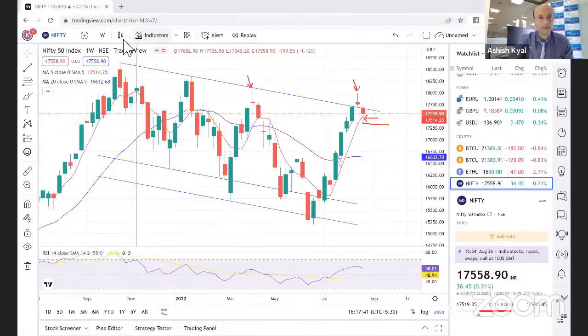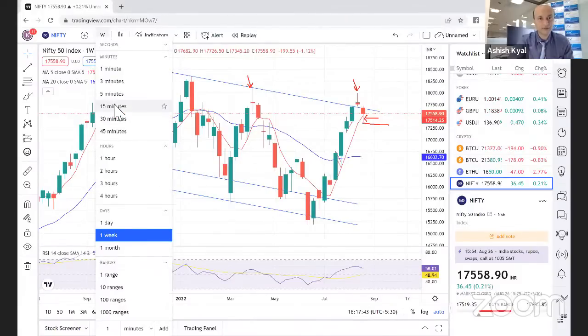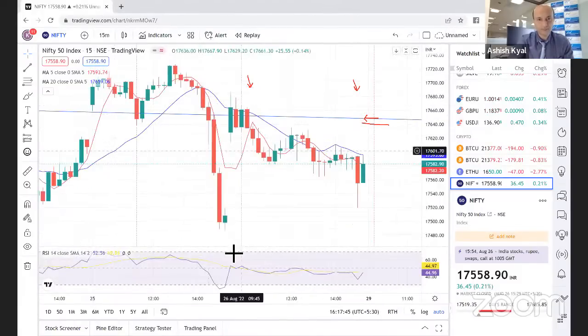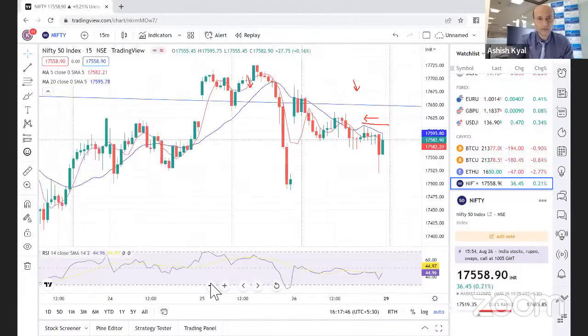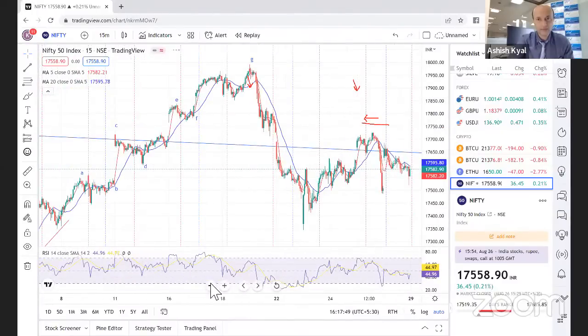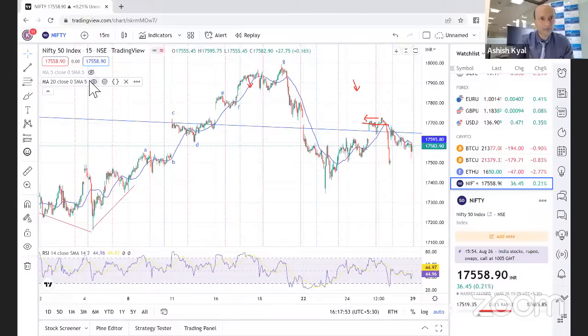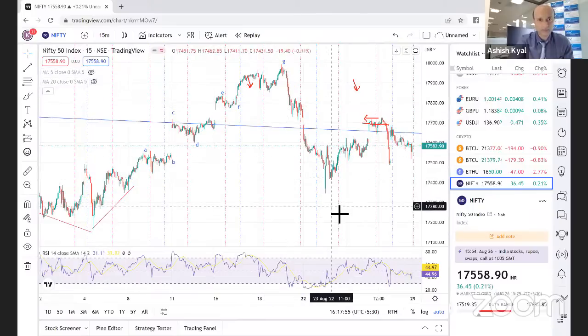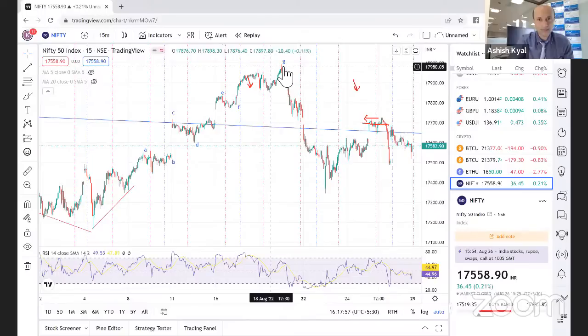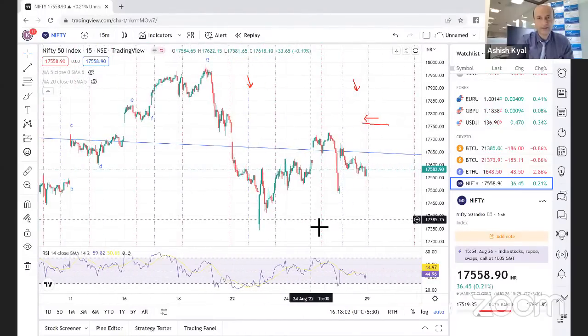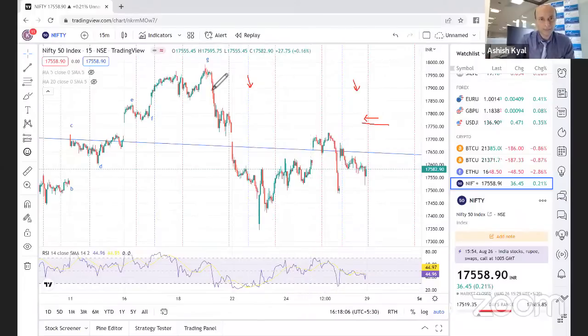From a wave perspective, we will go to a 15-minute chart just to check what the overall count is again in this fall. Let me hide the moving averages now. So an upward leg completed here. Post that, if you see this trend, we are simply not going in any direction.